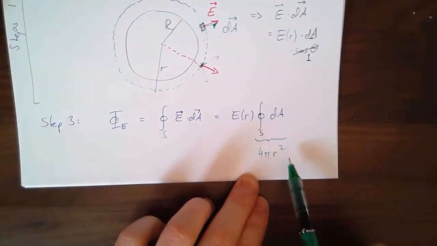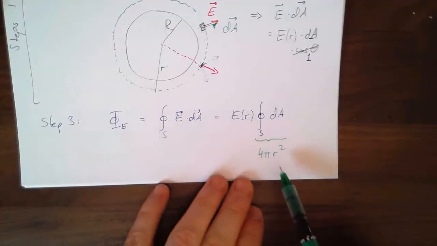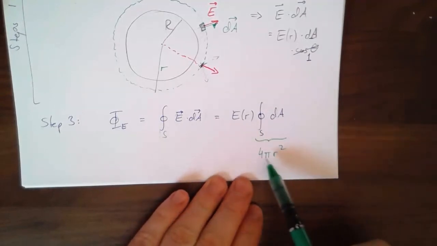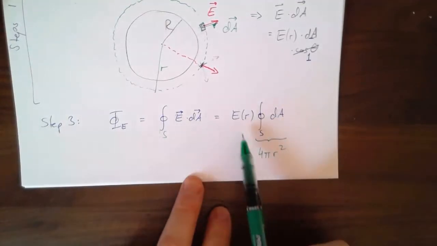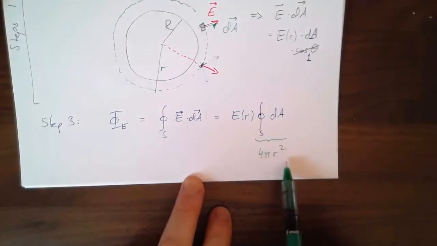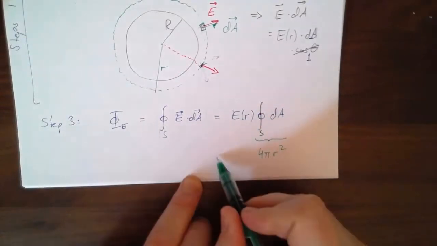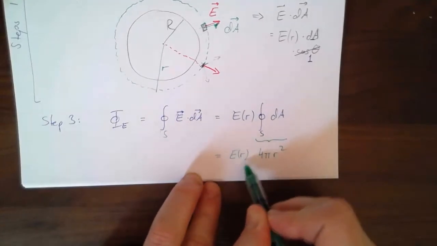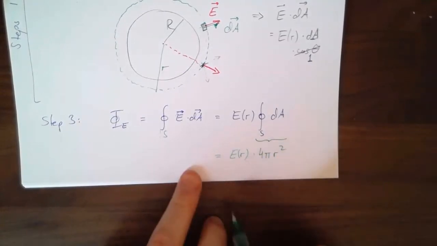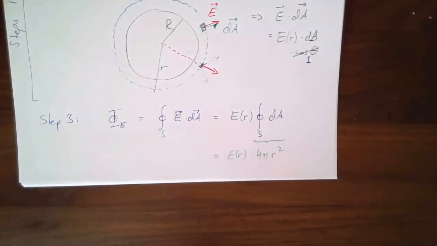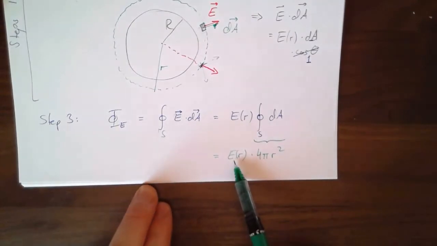That is the equation that gives the area of a sphere, but you can also work this out if you know about multivariable integration in polar coordinates. Okay, the area of the sphere times whatever the value of the field is at radius r. We don't know that, that's the thing we're trying to find. So now we've evaluated the integral. There's one unknown, the electric field, but we've figured out the left-hand side of Gauss's law.